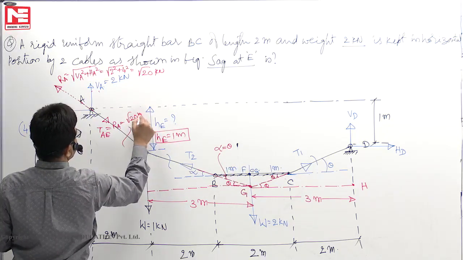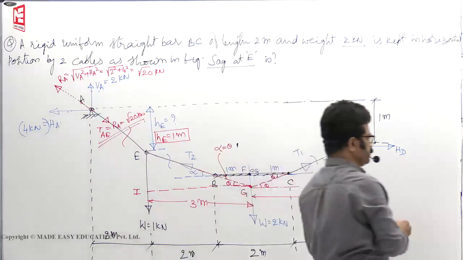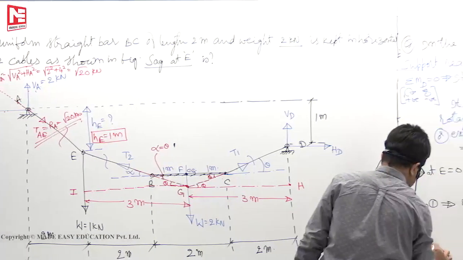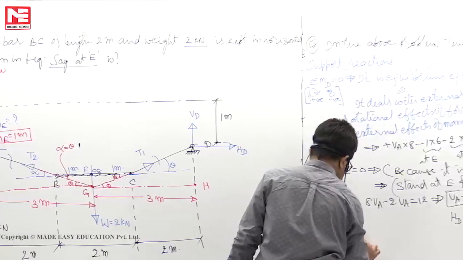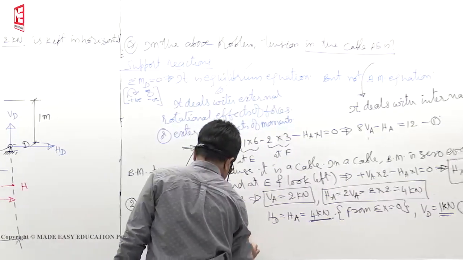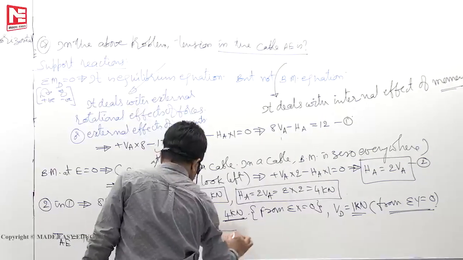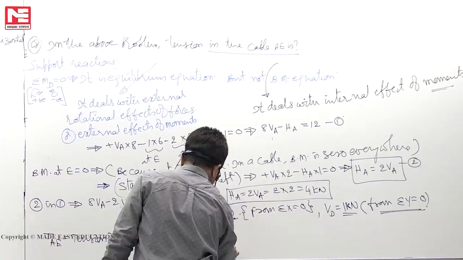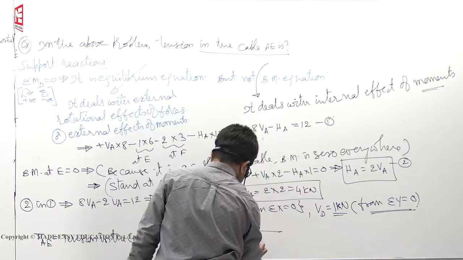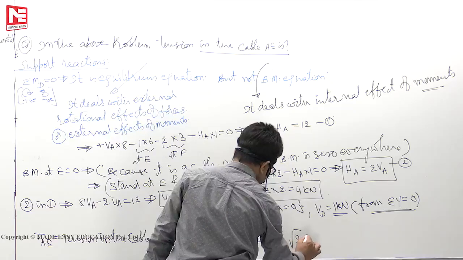So tension in the cable AE is equal to RA, which is square root of VA square plus HA square, square root of 2 square plus 4 square. So you will get root 20 kilonewton.